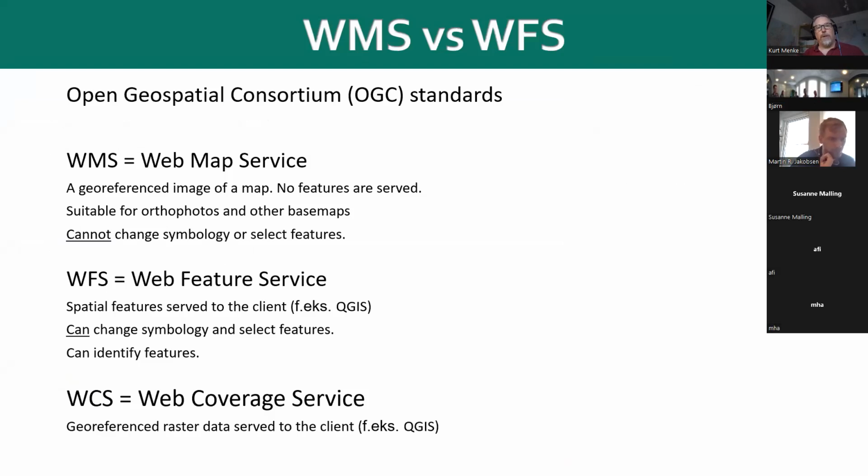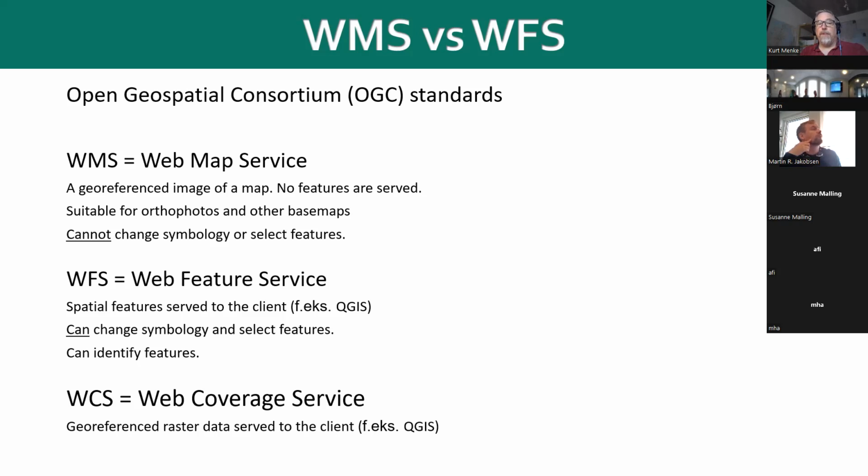Just as a review, I want to remind everyone what the difference is between WMS and WFS. WMS stands for Web Map Service, and this just serves a picture of a map to QGIS. That means you can't select features, you can't change the symbology.